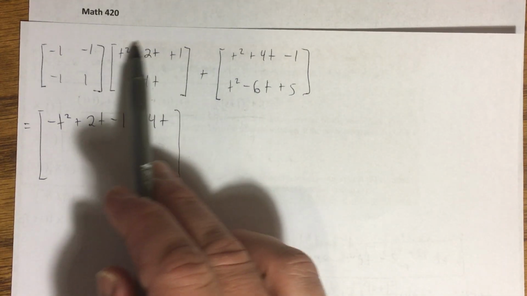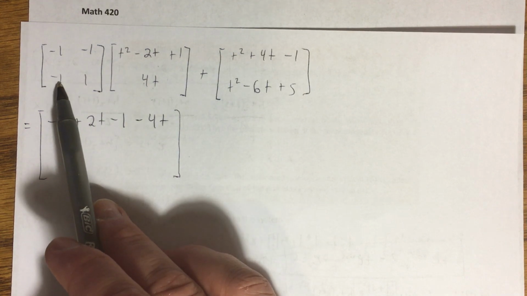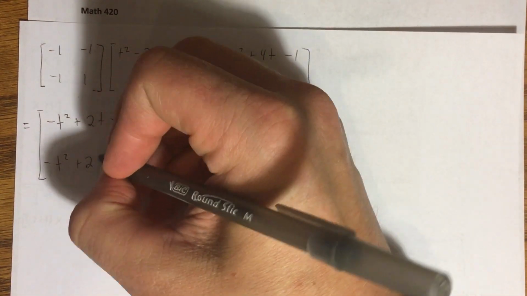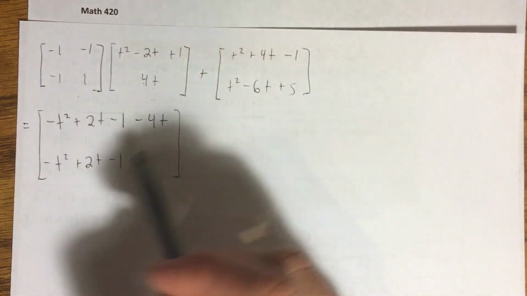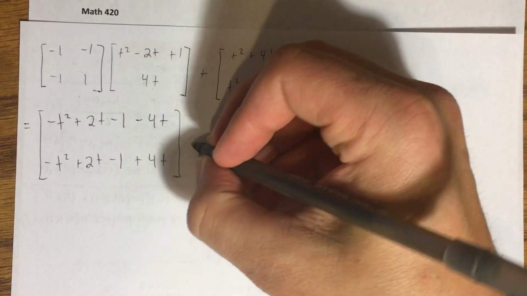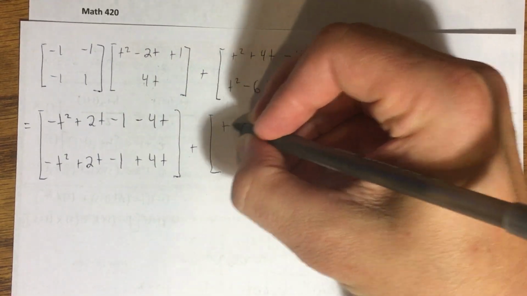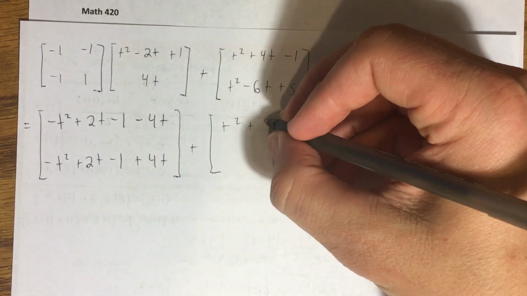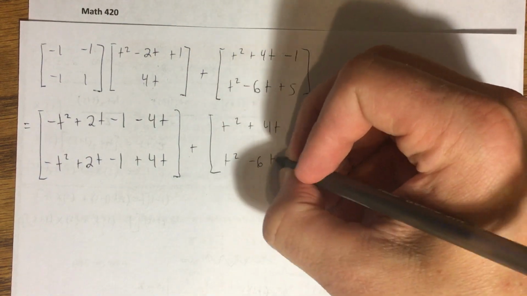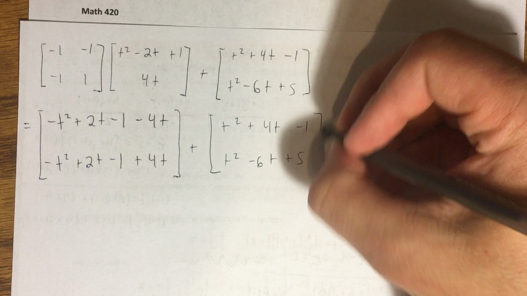I'm going to multiply this first entry to this -1 here, which will produce the same terms as before, -t squared plus 2t minus 1, and then 4t times 1, so that's plus 4t, plus this matrix that we had here, t squared plus 4t minus 1, t squared minus 6t plus 5.